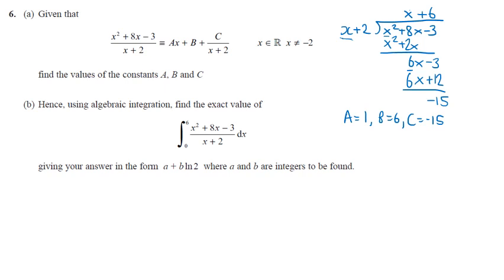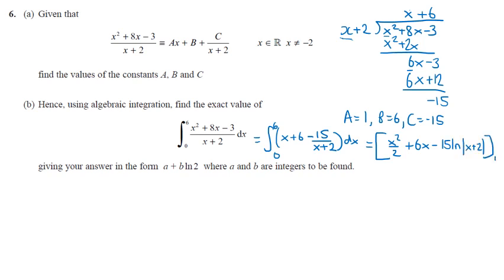Hence, using algebraic integration to find the value of this. Okay, so just replace it with our expression. So we've got x plus 6 minus 15 over x plus 2 from 0 to 6. So integrate that. x integrates to x squared over 2, 6 to 6x, and then the last term is going to be logarithm, so minus 15 logarithm of x plus 2 from 0 to 6.